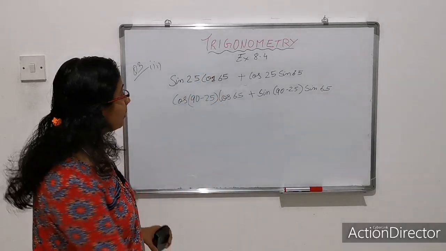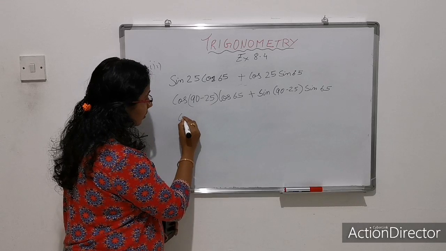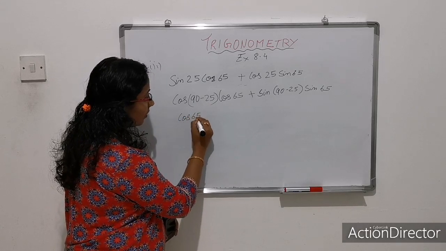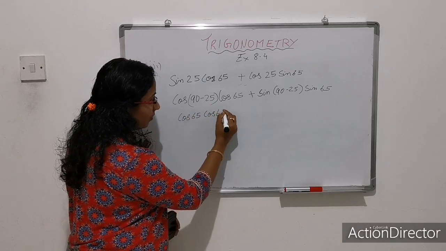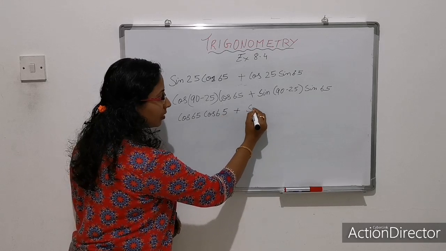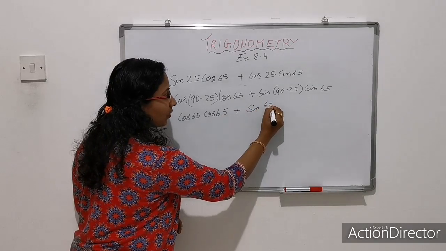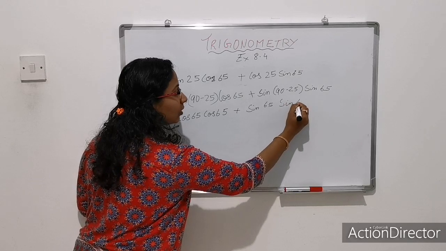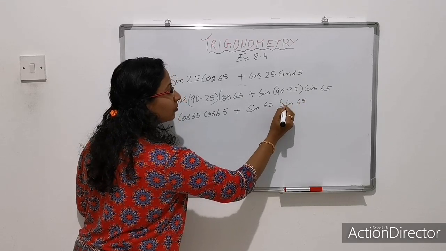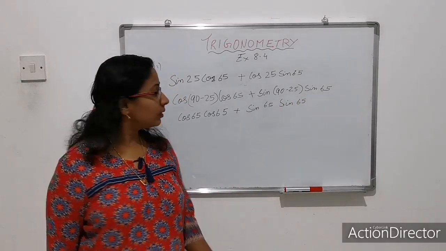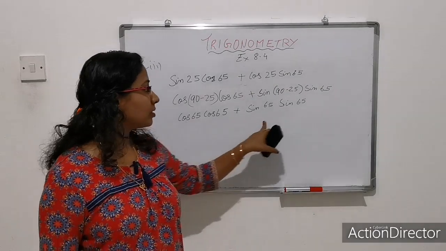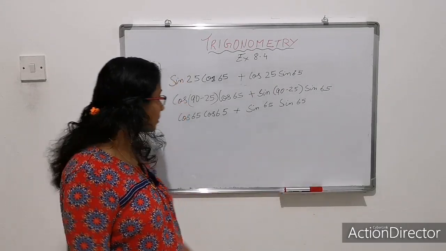Clear? So this becomes cos 65 into cos 65 plus sin 65 into sin 65.